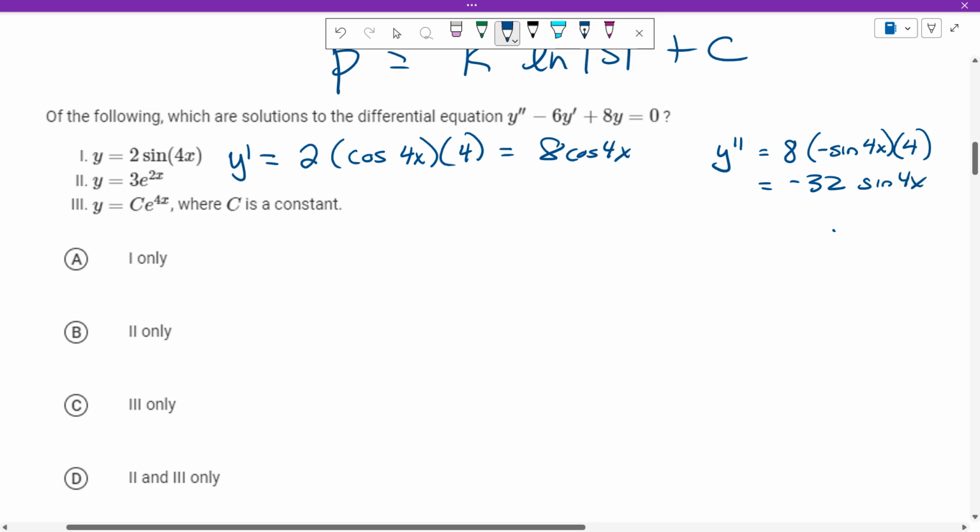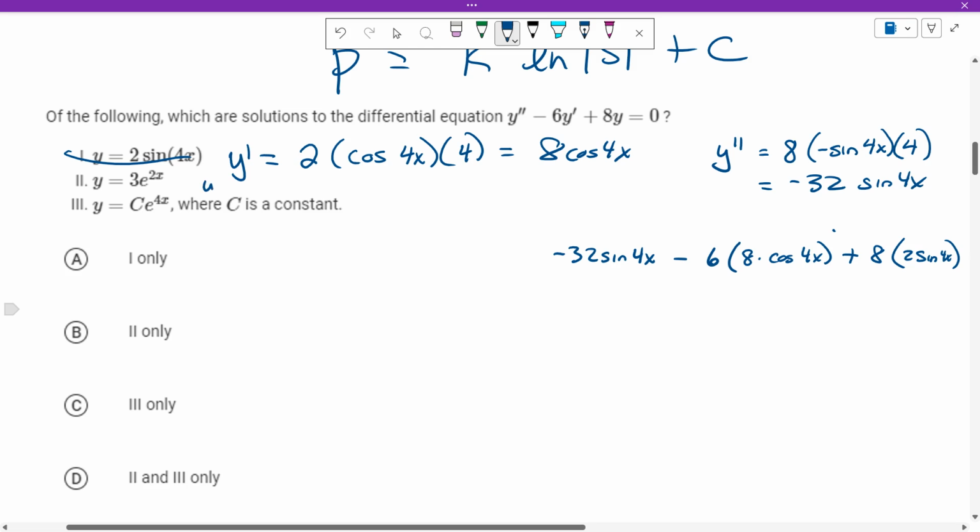If we put it into that equation, negative 32 sine of 4x minus 6 times 8 times cosine of 4x plus 8 times 2 sine of 4x. Is that going to equal 0? No, it's not. So do the second one.